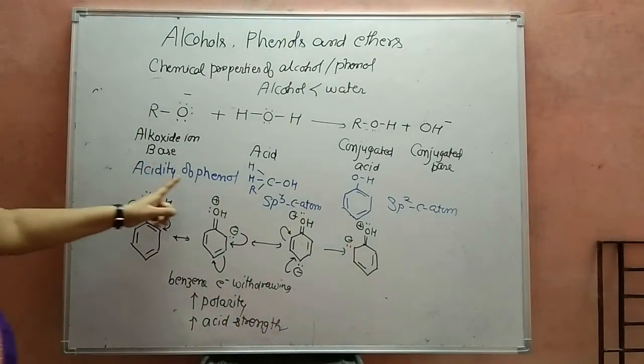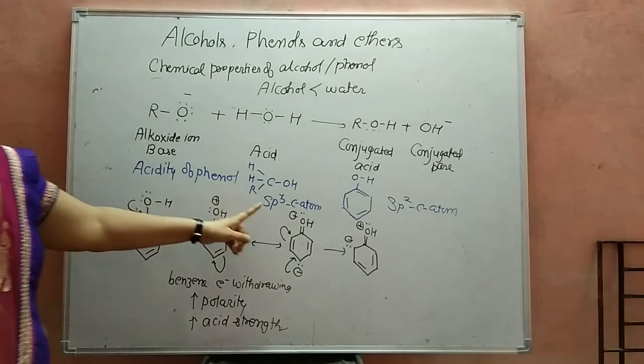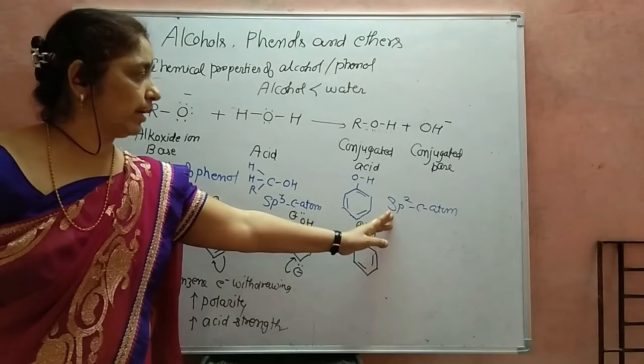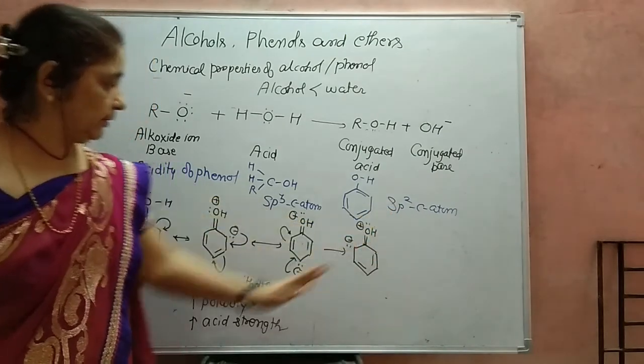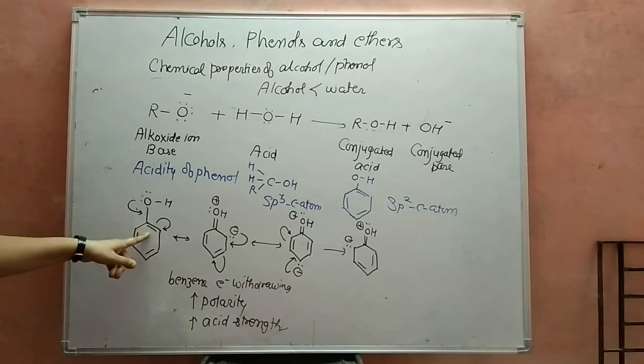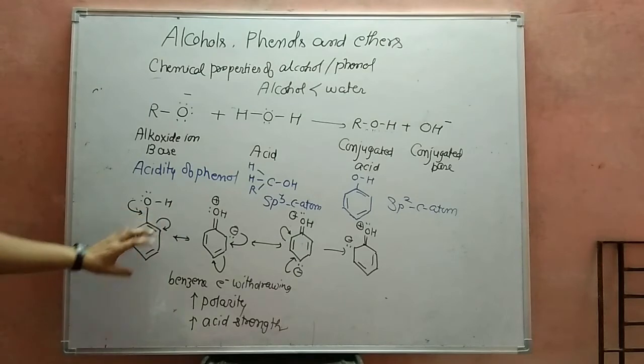So there are two reasons for the acidity of phenol. Phenol contains sp2, more s character, more electronegativity, more acidity. In phenol, the benzene is an electron withdrawing group, which increases polarity because it attracts the electron pair from oxygen.